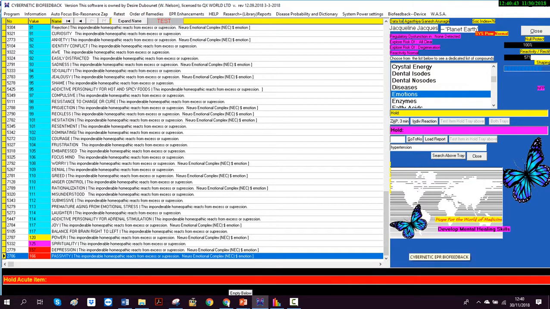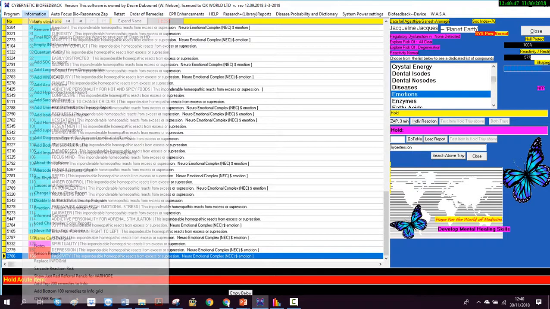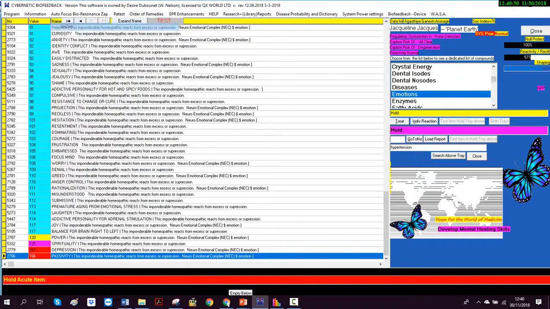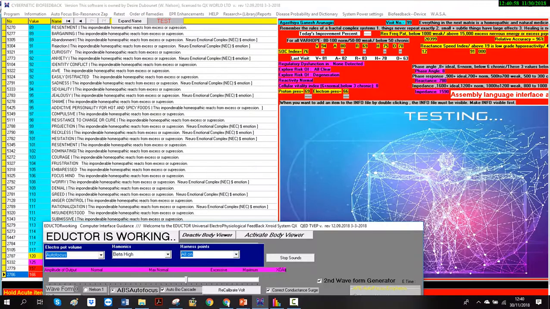If we would like to harmonize this, we will simply click the first one and click treat, and it is easy, okay? Then we will see the reactivity of the client.